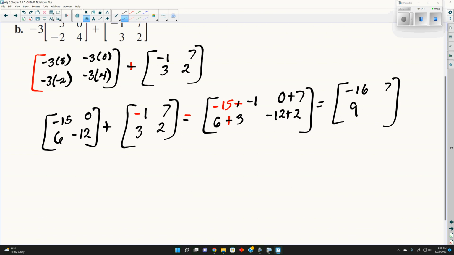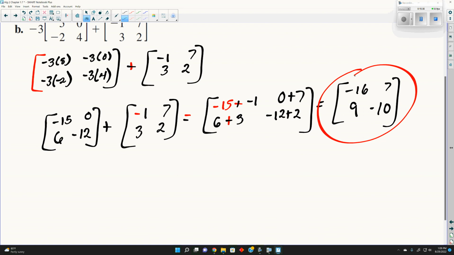And negative 12 plus 2 is. And that's it. Any questions on any of these here?